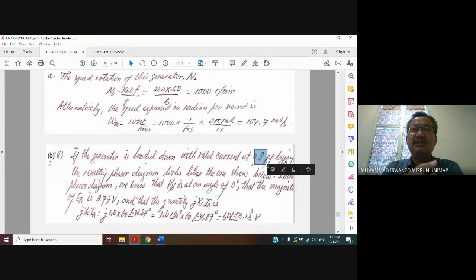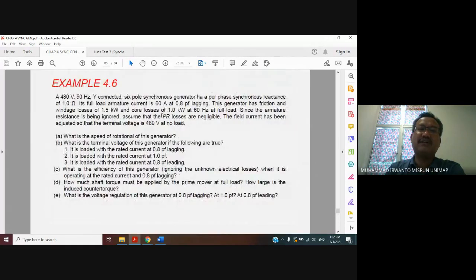I repeat again: EA is equal to the phase voltage plus jXS IA plus IA RA. But here it has been mentioned in the question that IA RA is ignored.